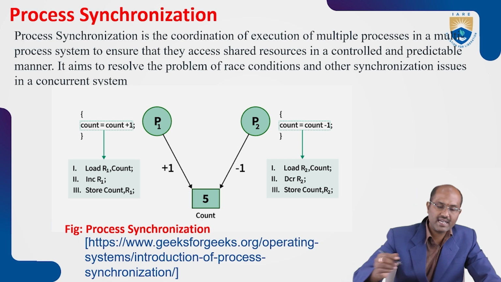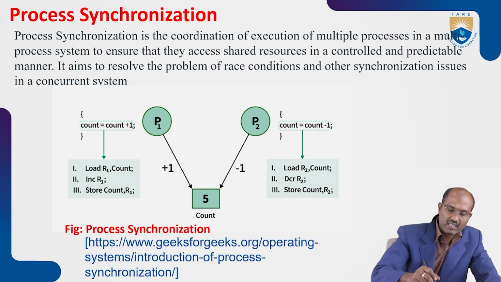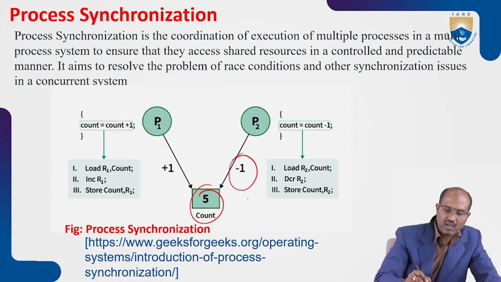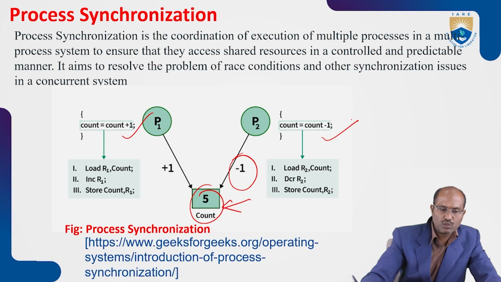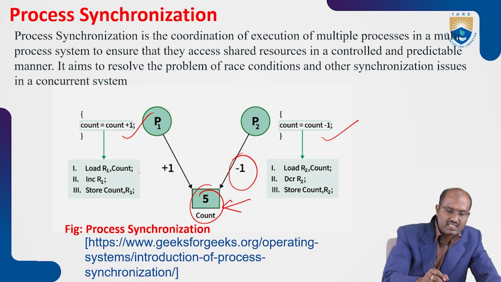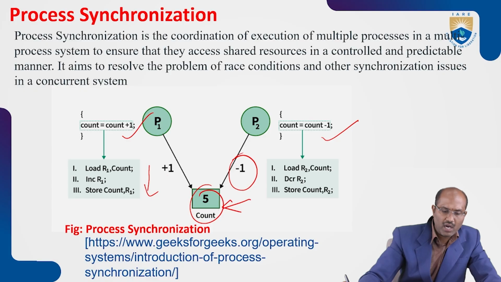For example, P1 increments the count, so it should be 5, and P2 decrements it by 1. It makes an effect on the count variable. Count may be incremented, count = count + 1, or decremented, count = count - 1. The steps are: load R1, count value, increment by 1, store count value. Decrement means load R2, count, decrement, and store count value.